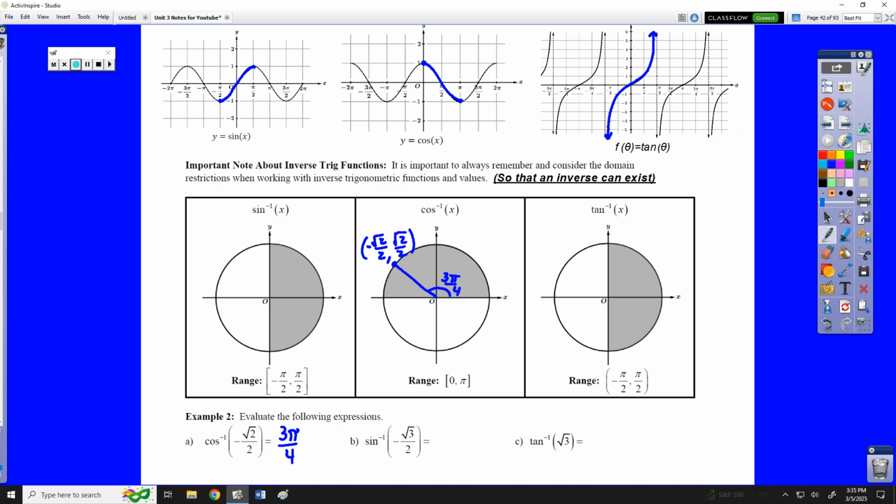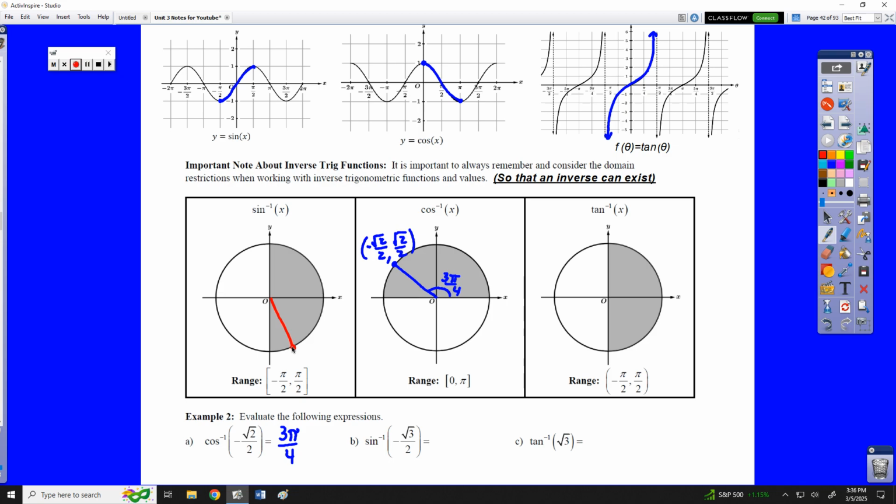For part B, we're asked to find the arc sine of negative root 3 over 2. So again, there we are looking for the point that has a y-coordinate of negative root 3 over 2 in our restricted range of negative pi over 2 to pi over 2, which is our restricted range for sine. Now, that value would be the pi over 3 angle in quadrant 4.